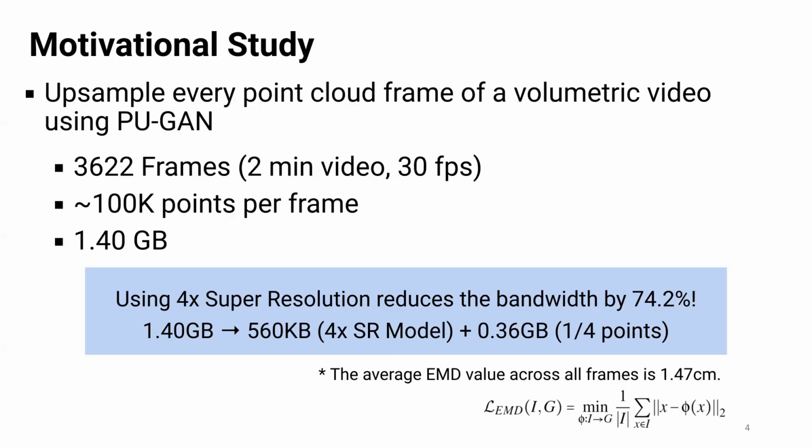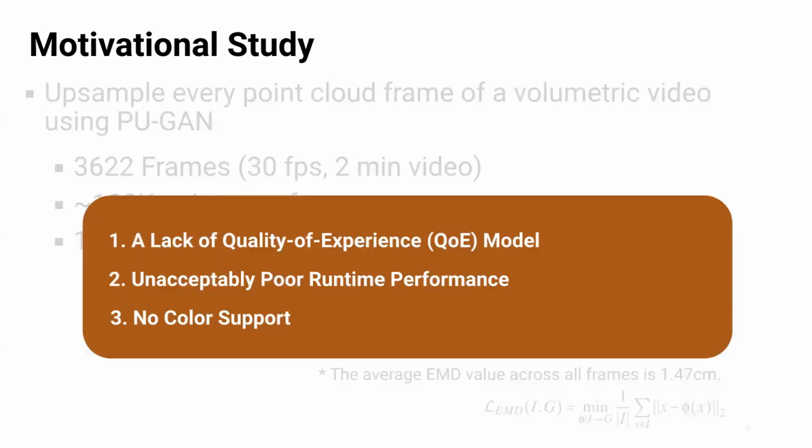However, as you may have inferred from this motivational study, there are several challenges that we need to solve if you want to build a system that utilizes 3D SR. First of all, EMD is not actually a good metric for quality of experience. They do not consider the quality of how they represent, or even the colors of the points. So there is a lack of a quality of experience model.